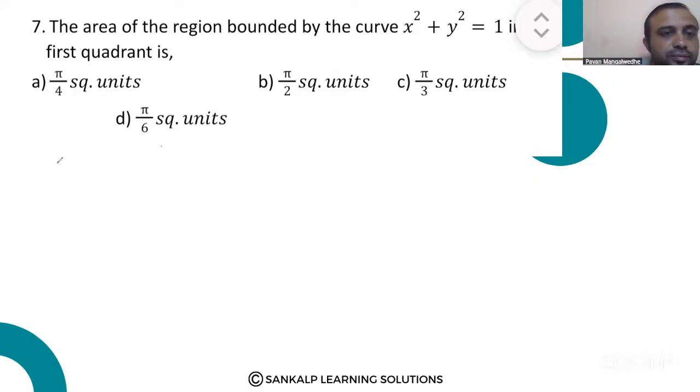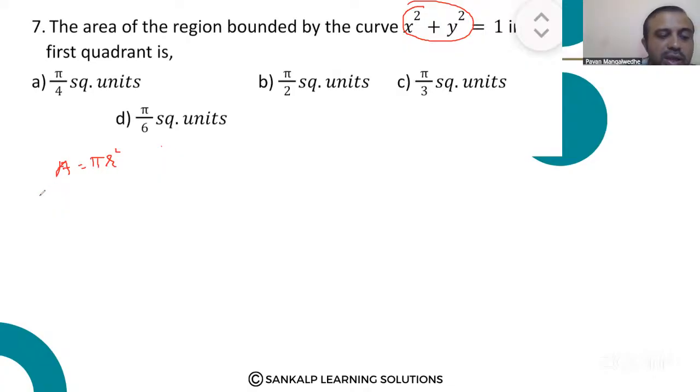The area of the region bounded by the curve is given, that is x square plus y square equals 1. So x square plus y square is in the standard form, x square plus y square equals r square. The area of a circle is A equals pi r square.